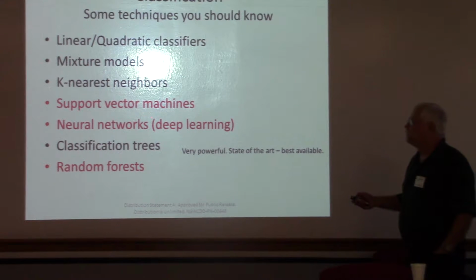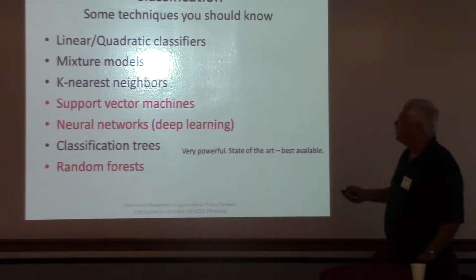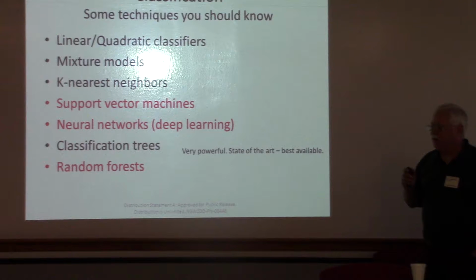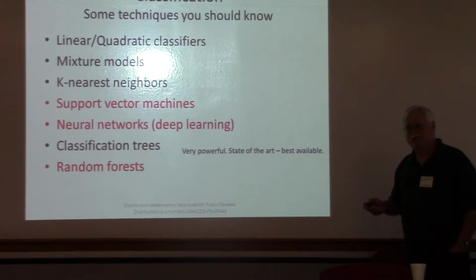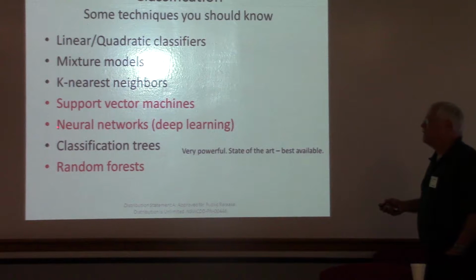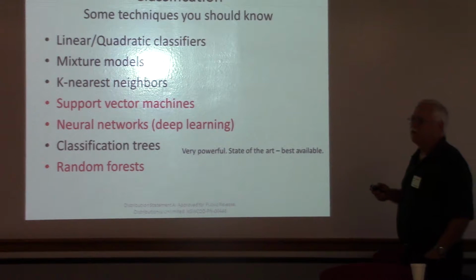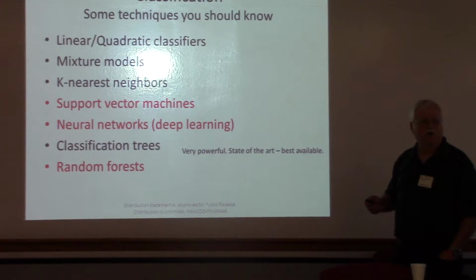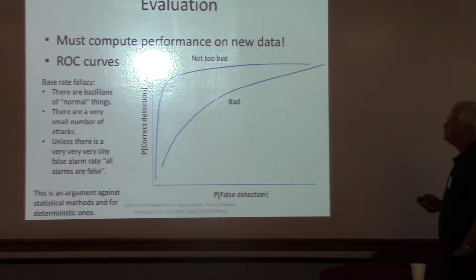This is pretty new. I don't know much about deep learning. It shows promise, so I put it up here, but I haven't drunk the Kool-Aid on that. I'm not sure about that. But random forests and support vector machines, go with those. They will do a good job on most problems.